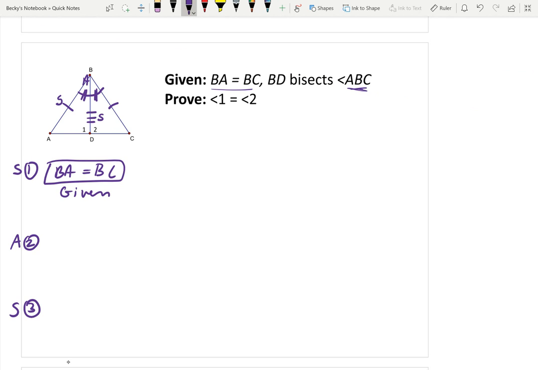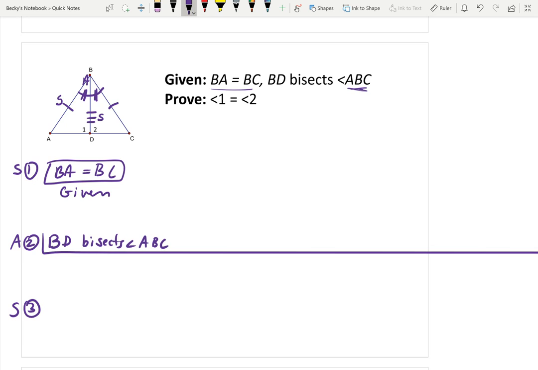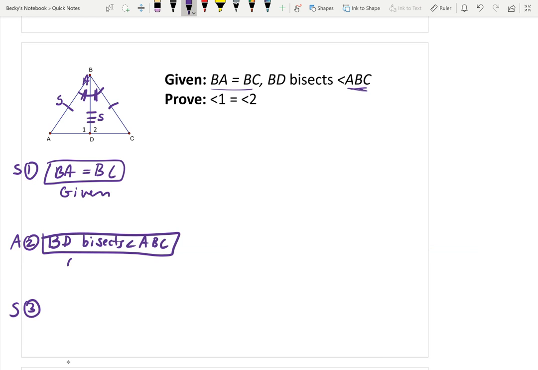Now before I knew these 2 were equal, I had to know my given. So BD bisects angle ABC. Okay, let's box it up. Say given, but we're not finished because it doesn't show anything that's equal.